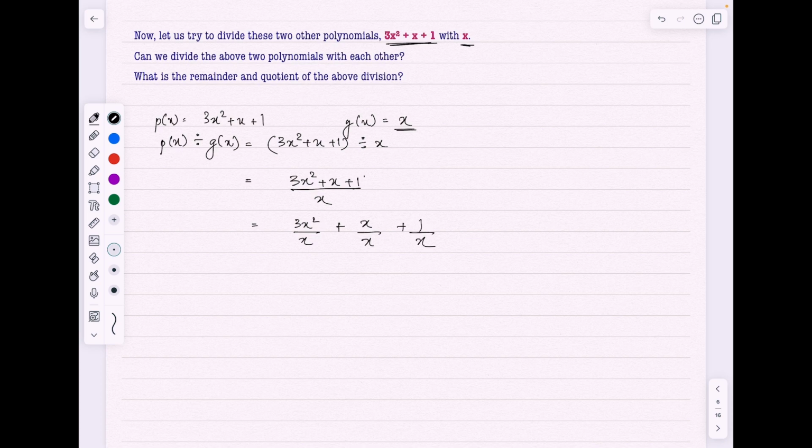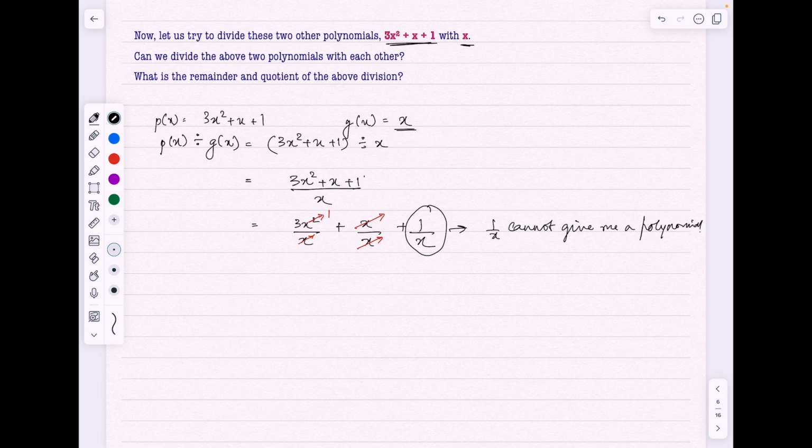Now you cancel the terms. At the numerator, one power of x will be gone. But this term, 1 by x, cannot give me a polynomial. Why is it not a polynomial?